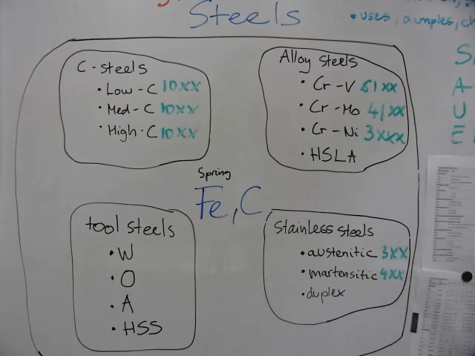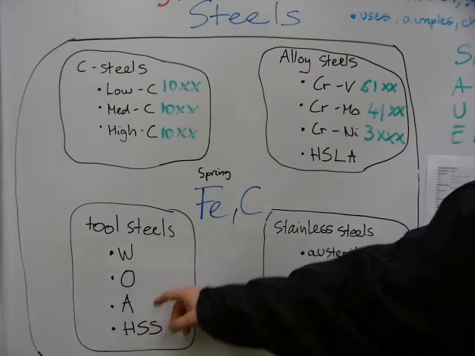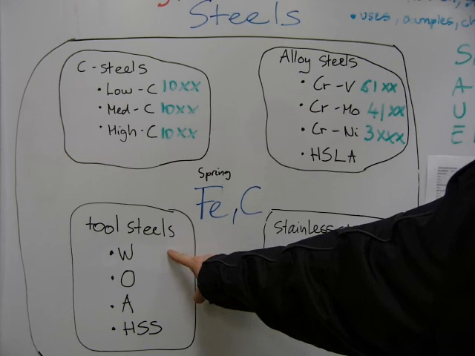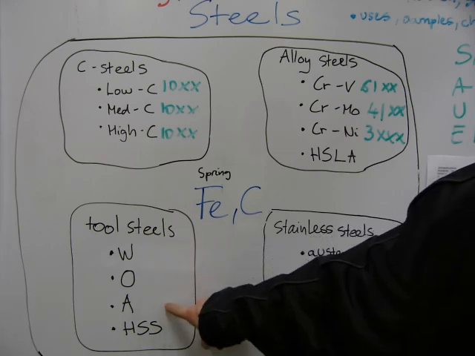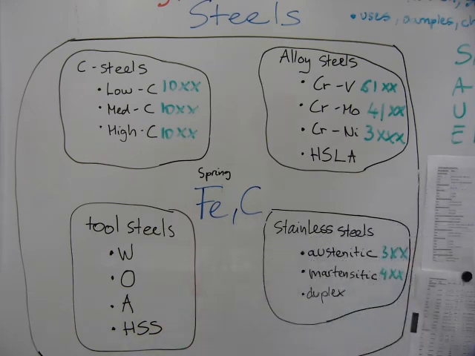Some tools are made of alloy steels and some others are made out of stainless steel. However, just one group is called tool steels, and very specific tools only are made out of these tool steels. These letters stand for water quenched, oil quenched, air quenched, and this one stands for high speed steel. So those are tool steels.